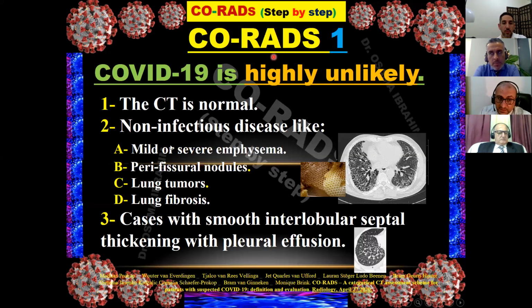Non-infectious diseases like emphysema or peripheral nodules of sarcoidosis, lung tumors, or lung fibrosis, all these non-infectious diseases. And if I find honeycombing like this, representing fibrosis, I classify it as CORADS 1, which means a highly unlikely diagnosis of COVID-19. The third situation is smooth interlobular septal thickening like this with pleural effusions.